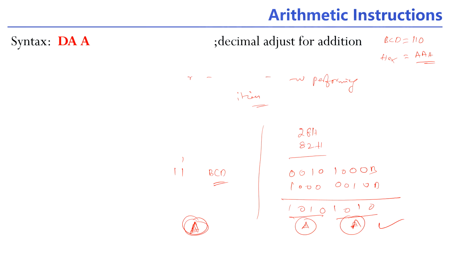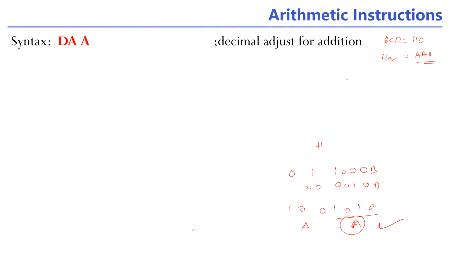How this DAA will work and how it will correct the result, we will see with the help of the example only. DAA will adjust the result to get the correct BCD representation.